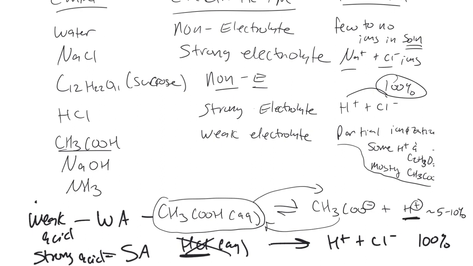Okay, so let's see what we can conclude for the bases here. So we have sodium hydroxide. That completely ionized. That's our strong electrolyte. It's also a strong base because it's releasing hydroxide ions into solution. So we get the ions Na+ and hydroxide ion to 100% yield.